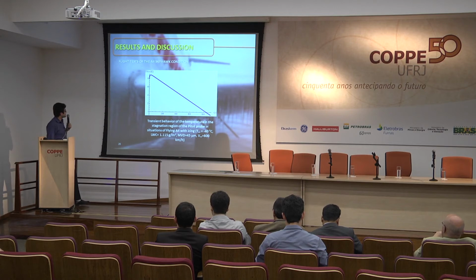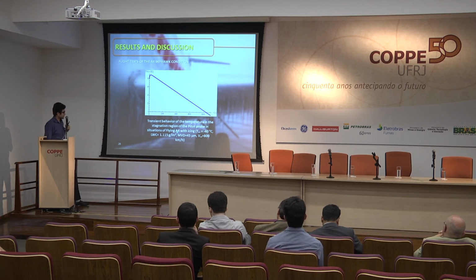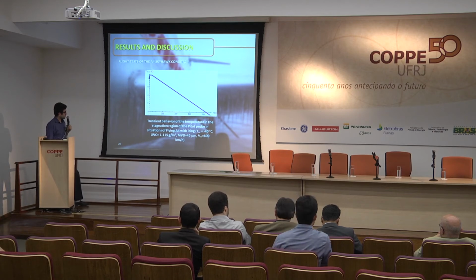And this one shows the transient behavior of the temperature in the stagnation region by time for the tested flight of the A4. We can see that at about 8,050 seconds the freezing started.